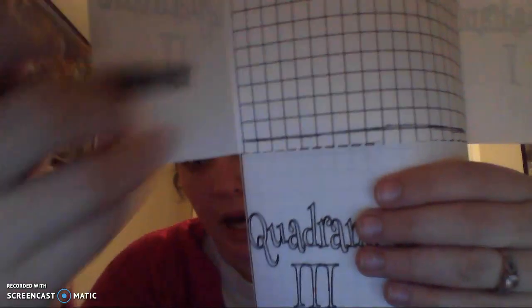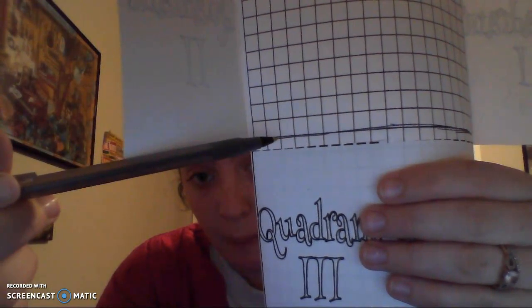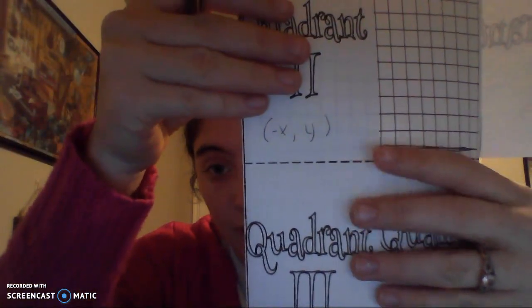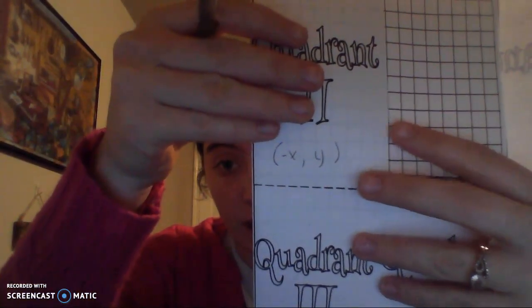So just make sure that it's on a line. Sorry guys, I wish I would have grabbed a highlighter. So I just darkened my line a little bit, and then what I'm going to do is close one flap and see how it ends on a line there, and darken that line a little bit even more. So you should have one dark line going horizontal and one dark line going vertical.